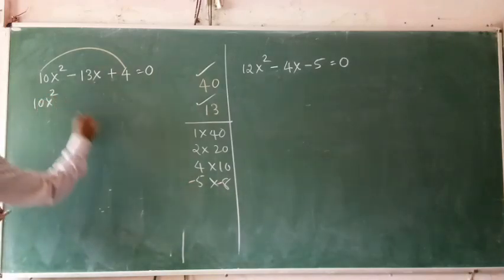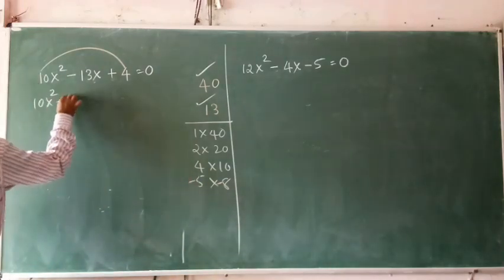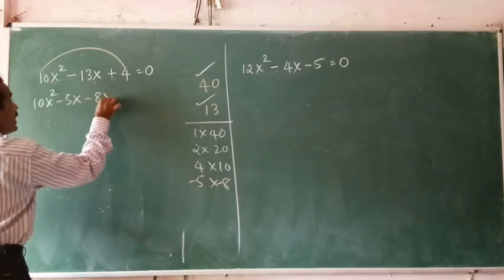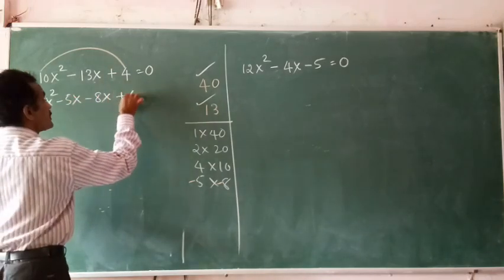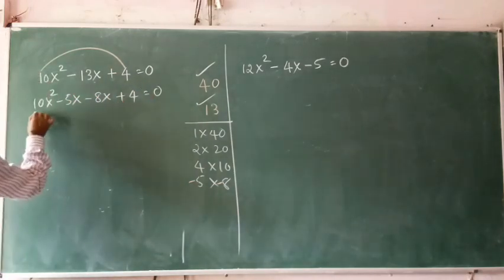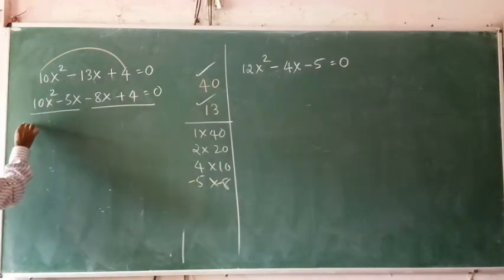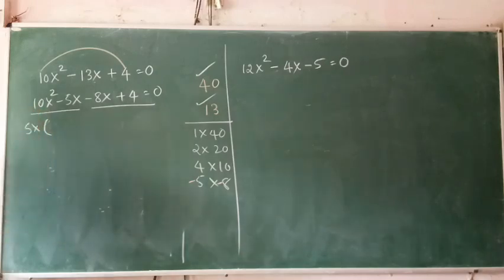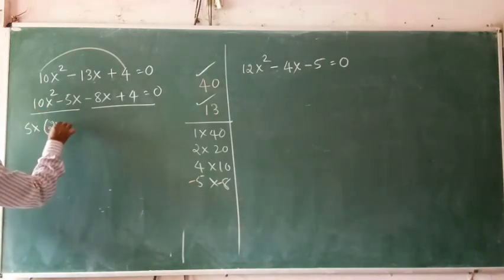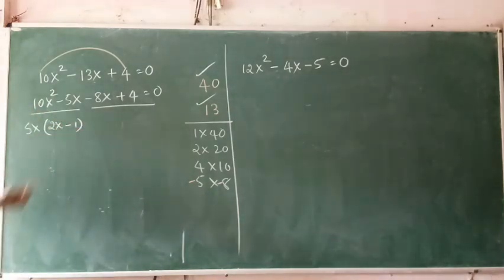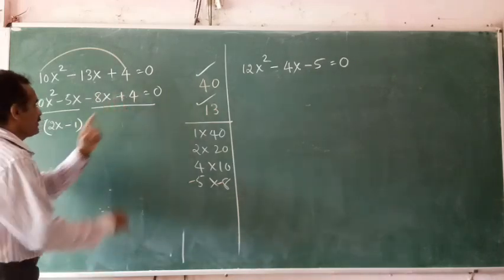10x square, both minus minus, minus 5x, minus 8x, plus 4 is equal to 0. Grouping, I can take 5x as common into bracket, 2x minus 1. What can I take as common?